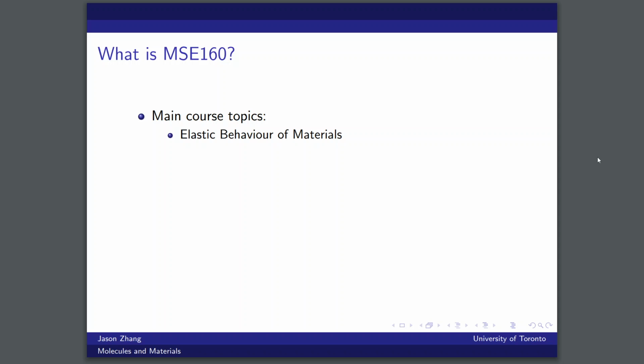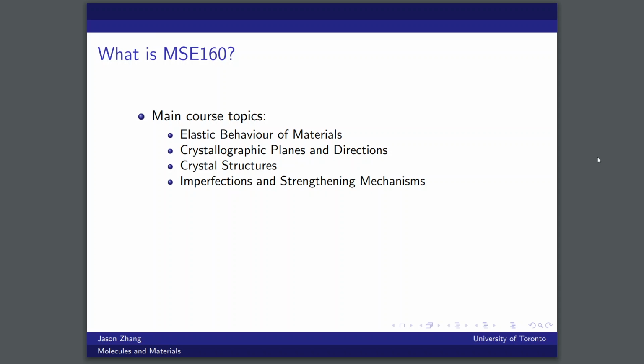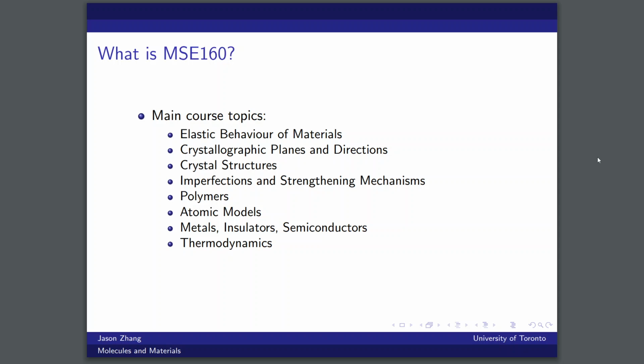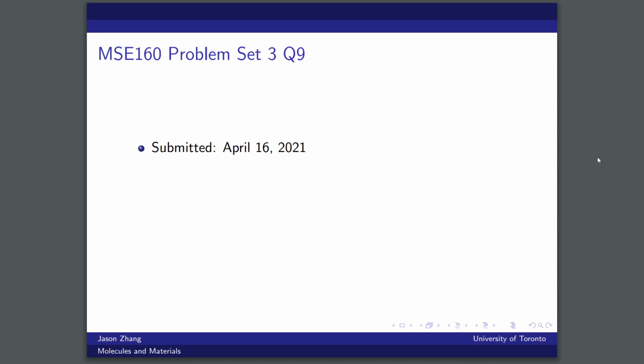We talk about elasticity, elastic behavior of materials, crystallographic planes and directions, crystal structures, imperfections and strengthening mechanisms, polymers, atomic models, metals, insulators, semiconductors. There's even some thermodynamics, as well as phase equilibrium and phase diagrams.